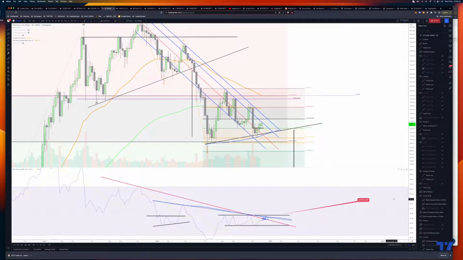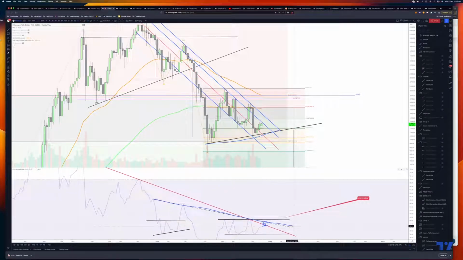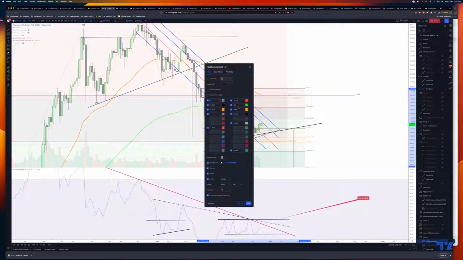And this RSI is in confluence with it. And you can see how I applied my Fibonacci as well, the macro Fibonacci. So this 0.5 fib was our support.